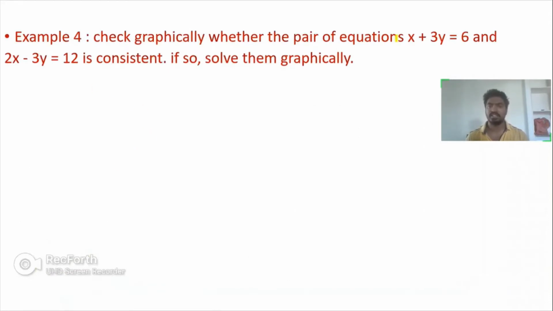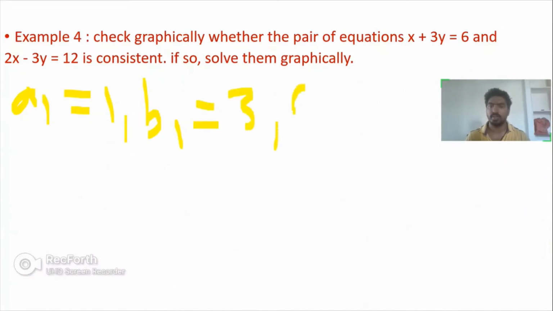So let us take the first equation and compare it with the standard form a1x plus b1y plus c1 equal to 0. Then we are getting a1 is equal to 1, b1 is equal to 3 and c1 is equal to minus 6.